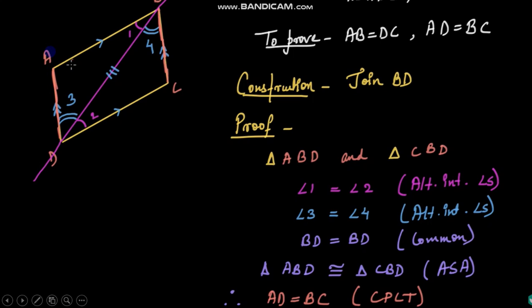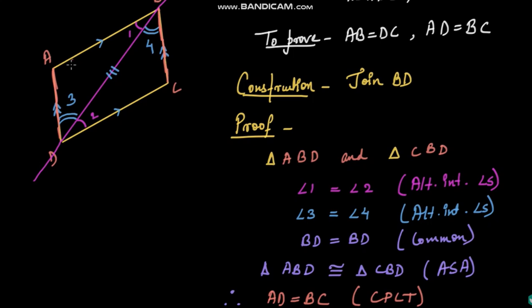So AD is equal to BC, and AB is equal to DC, by CPCT. CPCT means corresponding parts of congruent triangles.